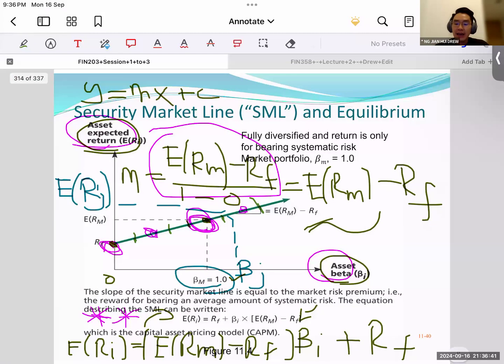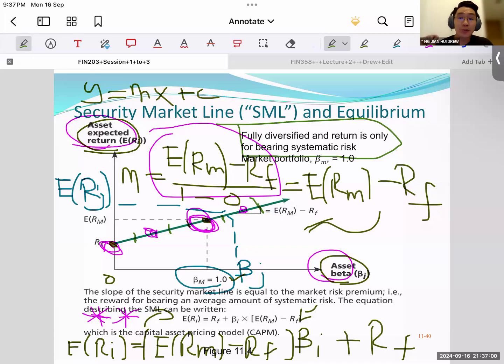It means that whenever you are at equilibrium, you are in a situation where you are fully diversified. Meaning that you will not be given returns if you are not fully diversified, if you have unsystematic risk that is not diversified away. This equation is called the security market line, or SML in short, and it is a situation of the equilibrium state where you are fully diversified.